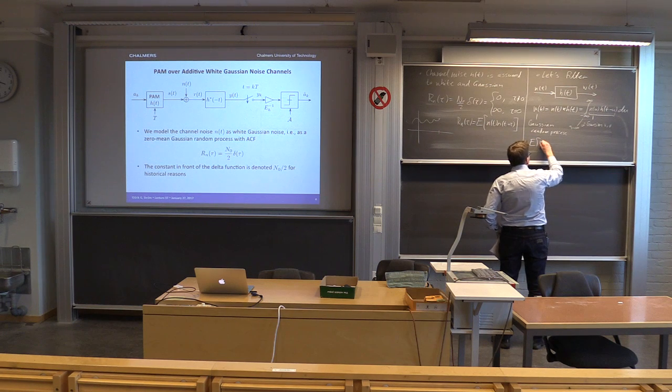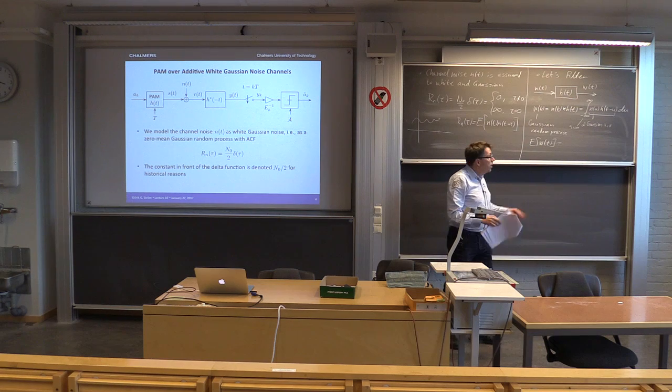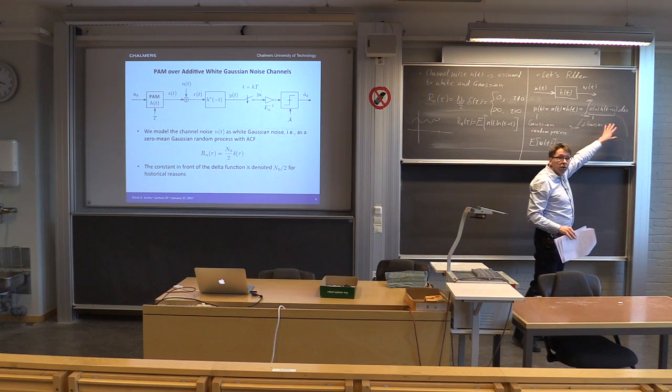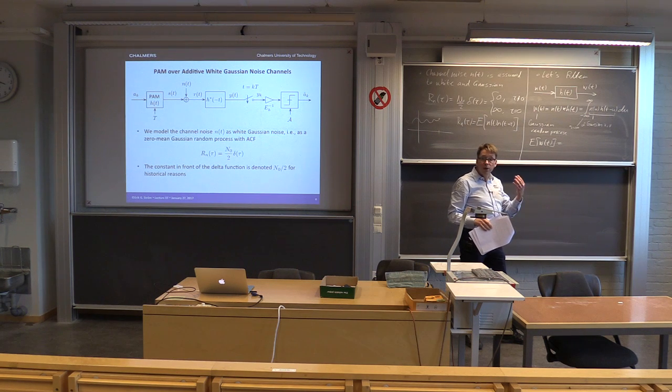So the expected value of W of t is simply the expected value of this integral. And expectation is a linear operator, so we can move that inside the integral if we like. Okay, a mathematician would not do this without a lot of precautions, but we are fearless when it comes to math, so we'll just do it.